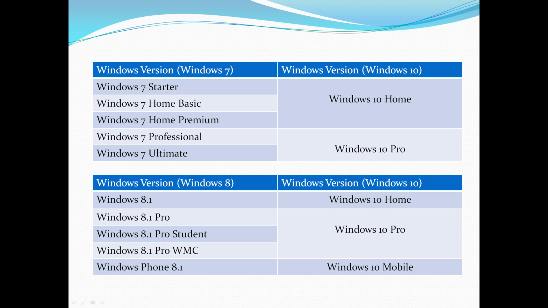I've made a small table that shows which versions of Windows 7 and 8 you can upgrade to Windows 10. As a demonstration, I'm going to use Windows 7 Ultimate and upgrade it to Windows 10 Pro. So let's dig into the demonstration.